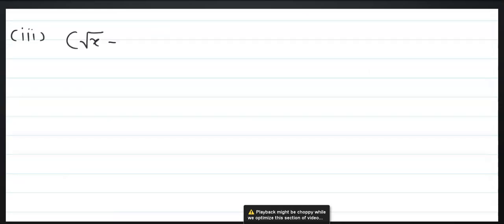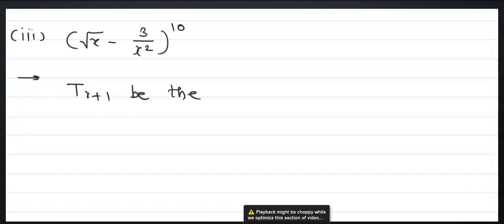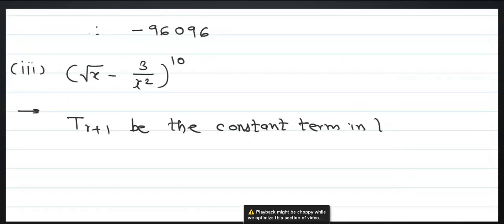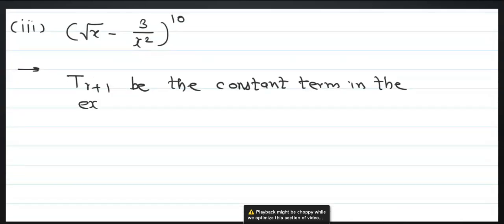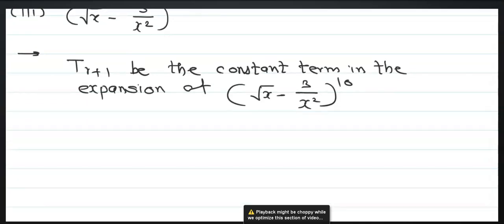Now, third one. Root x minus 3 upon x square bracket raised to 10. Here tr plus 1 be the constant term in the expansion of root x minus 3 upon x square bracket raised to 10.